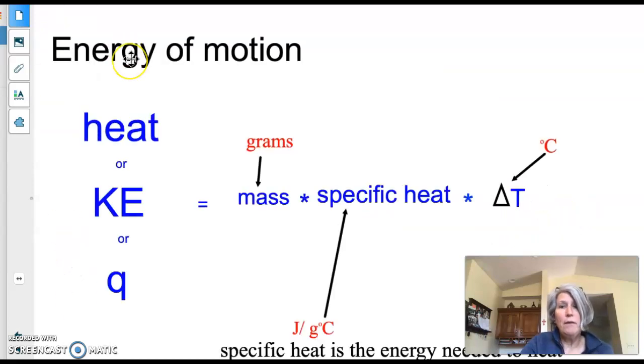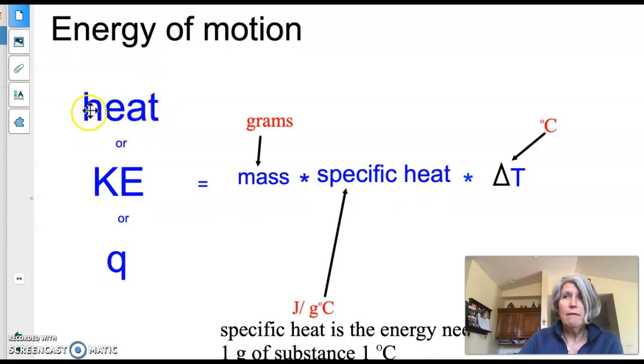So the first equation that we're going to talk about is what we call energy of motion, or calculating the amount of heat. And heat is defined as the amount of kinetic energy. So when you think of kinetic energy, you're thinking about molecules in motion, and that is equal to heat at constant pressure, which most of the lab experiments that we do would be under, a constant atmospheric pressure.